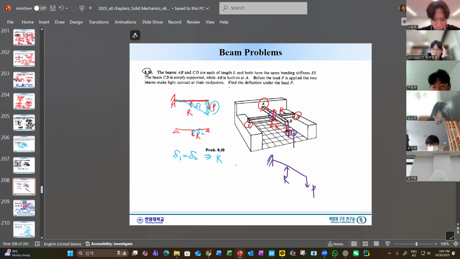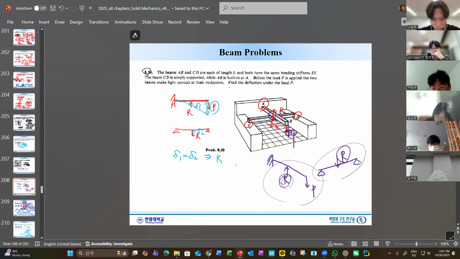Now the other one, this is the transverse beam like this. And then this one, we have an R here. This R is the same, but we don't know how much this R is. So we can solve this problem, right? We can solve this one, we can solve this one once we know the R. So we do that.